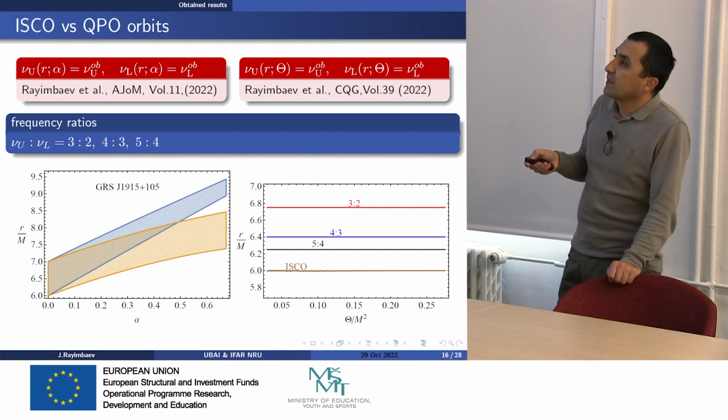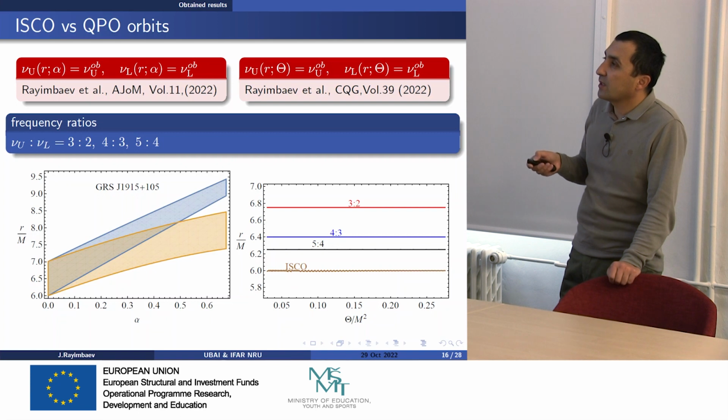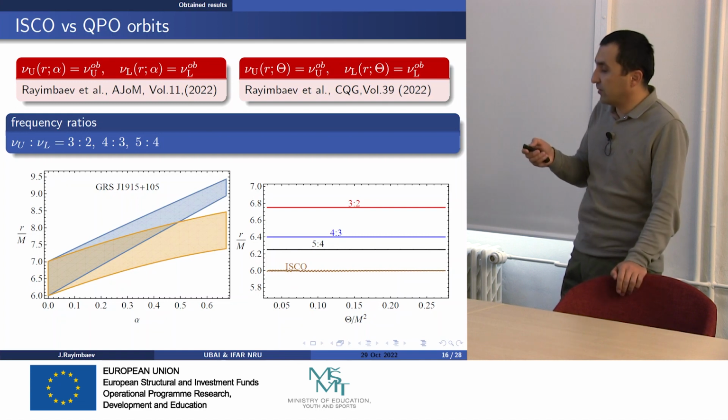And here is the radius of possible values of the ISCO orbitals, the QPO orbitals between the ISCO and the QPO orbitals. Here we can see the intersection region for regular and singular black holes.